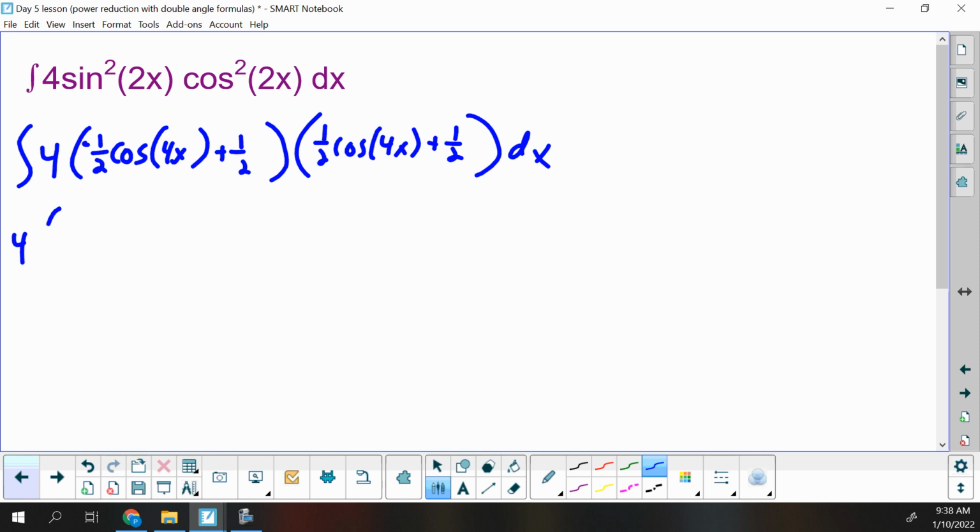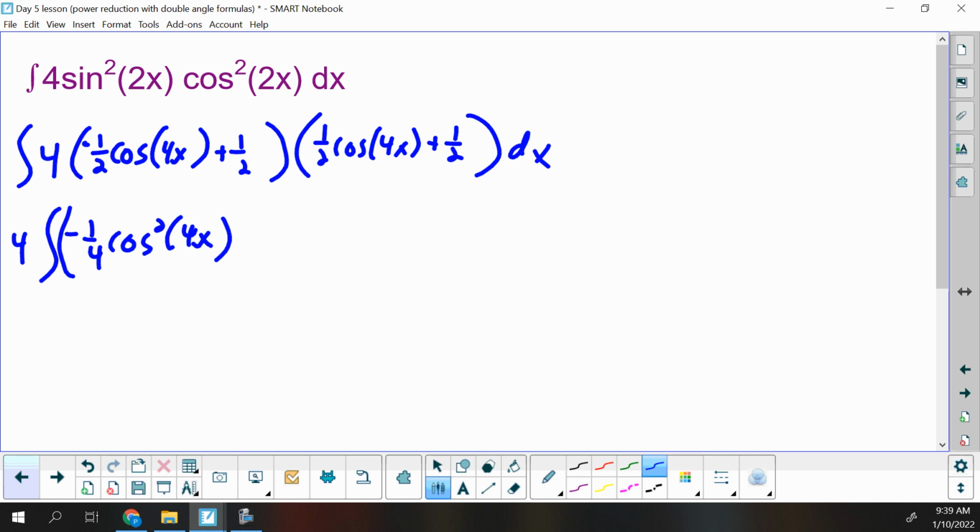So I'm going to throw this 4 out in front. If we multiply out those parentheses, the first terms will get negative 1/4 cos squared 4x. Now notice, this is actually the difference of two perfect squares, because you could think of it as 1/2 minus 1/2 cos 4x and 1/2 plus 1/2 cos 4x.